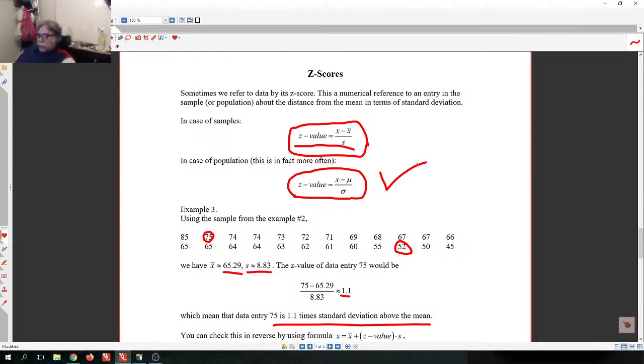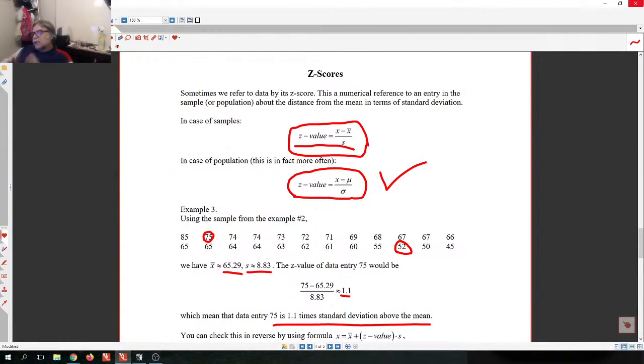It's kind of a strange thing to say, because we said that standard deviation is usually calculated for the sample, not for the population. But it can be calculated for population as well, while the z-values are usually calculated for the population, not for the sample. But the formula is the same. The x value, whatever the data value is, minus the mean, of sample or population, divided by the standard deviation: sample standard deviation in case of sample, population standard deviation in case of population. And you will get that value.